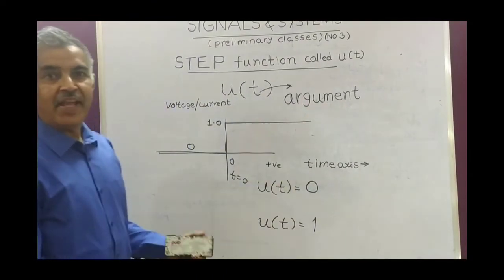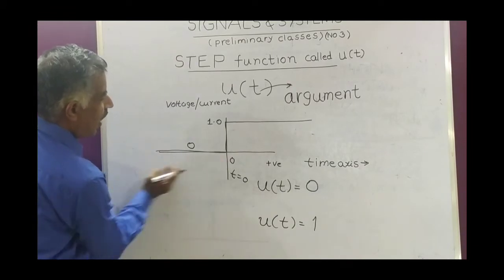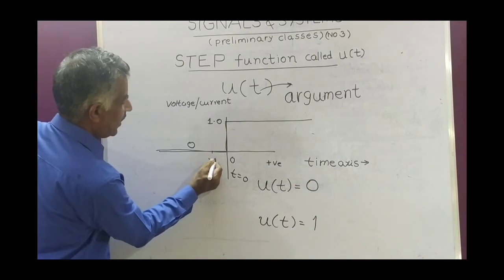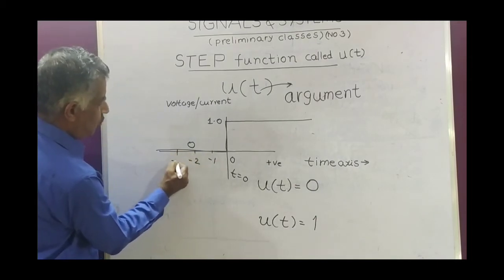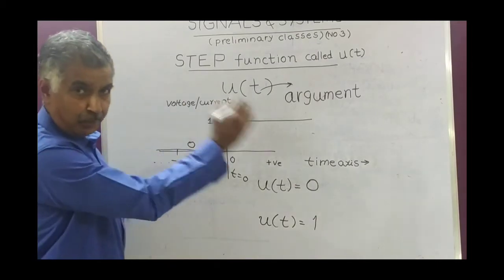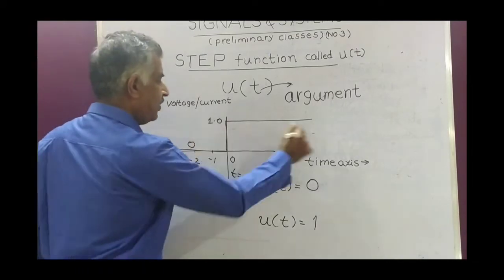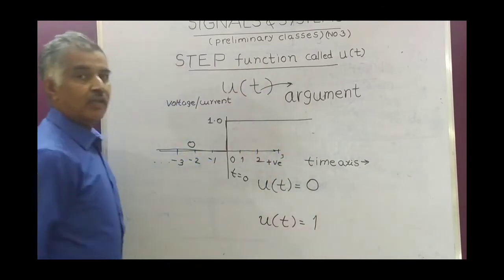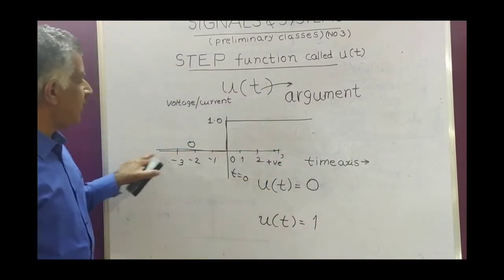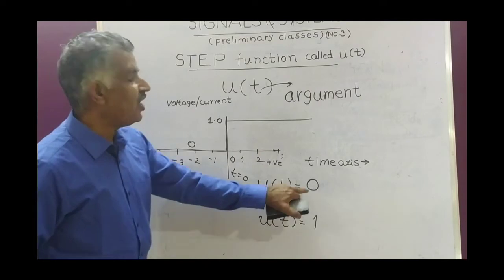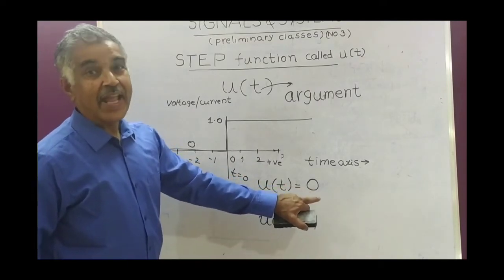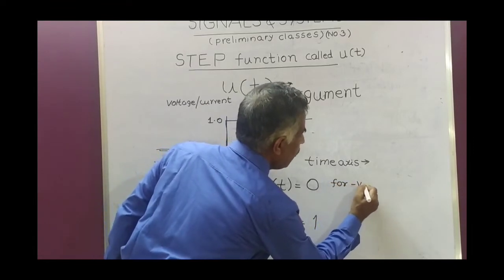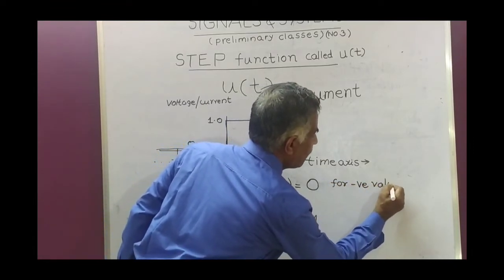Whenever the argument takes negative values, on this line, these are all negative values: t equal to -1, t equal to -2, t equal to -3, etc. It proceeds. Positive values mean 1, 2, 3, etc. So u(t) is 0 here. That means u(t) is 0 for negative values of t.